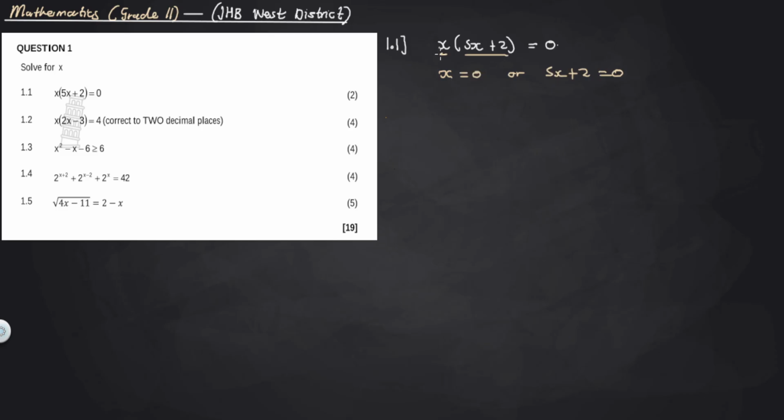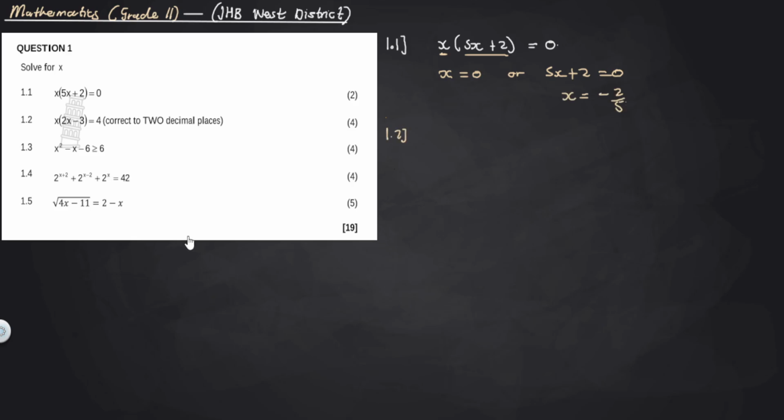So this one we equate to 0, the other one we also equate to 0. Zero factor law. You should know this stuff. Therefore, you make x the subject of the formula for the second bracket. You get minus 2 over 5. These are the solutions or the roots for 1.1.